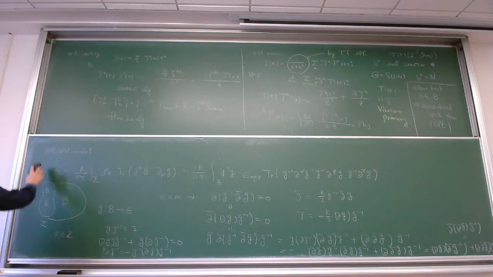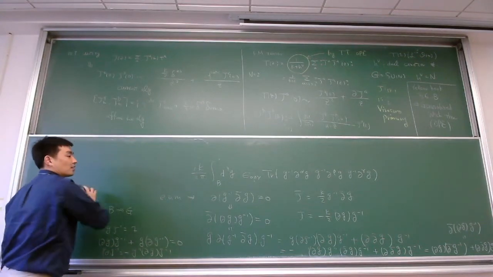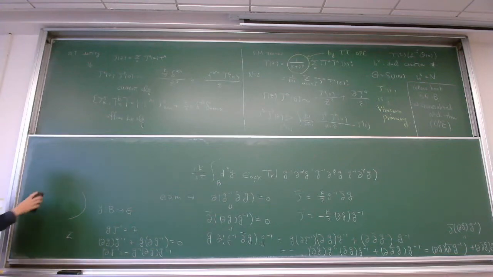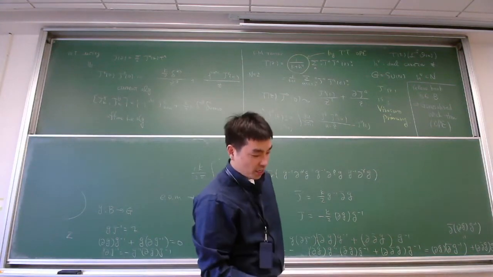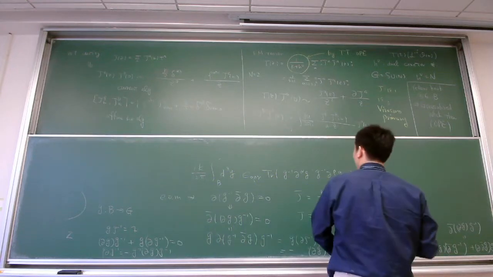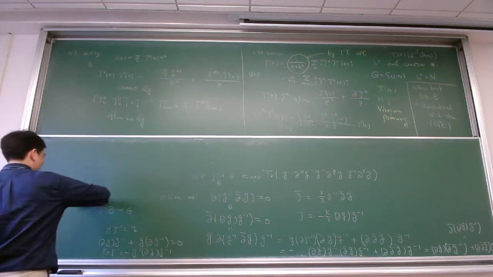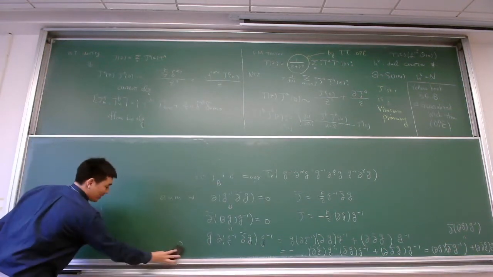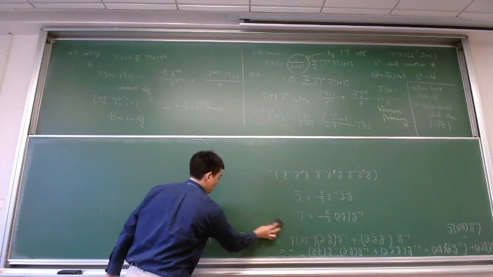So if you look at this OPE of T and J, you can show this with the primary field, and then again you can use it.